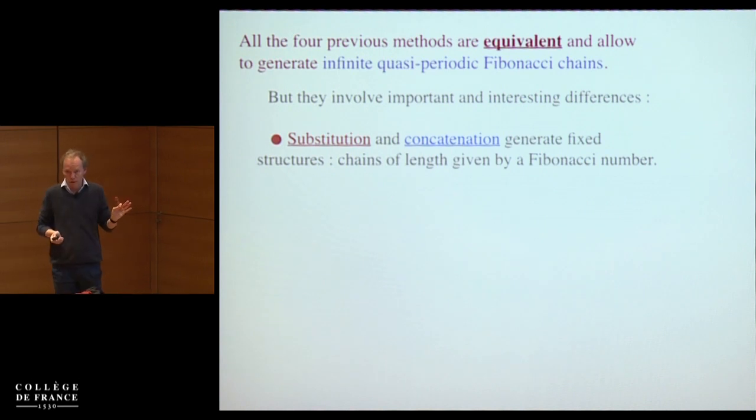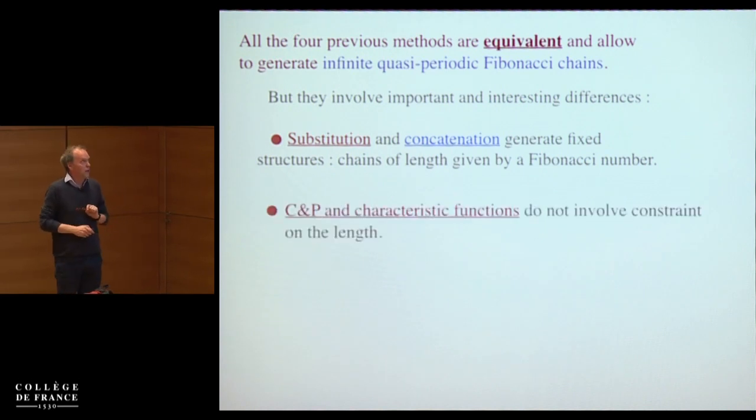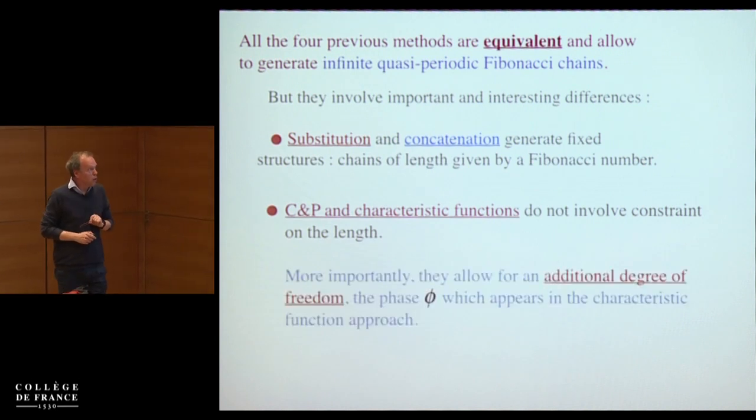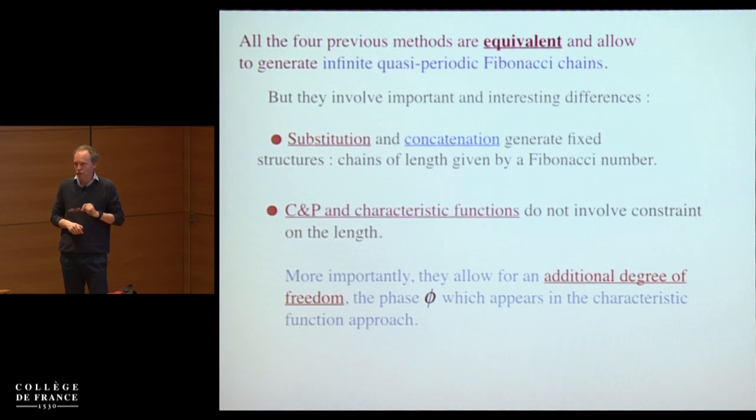It cannot be whatever you want, only this. Cut and project and characteristic function do not involve a constraint on the length. But more importantly, they allow for an additional degree of freedom, which is this phase phi, which appears in the characteristic function approach.